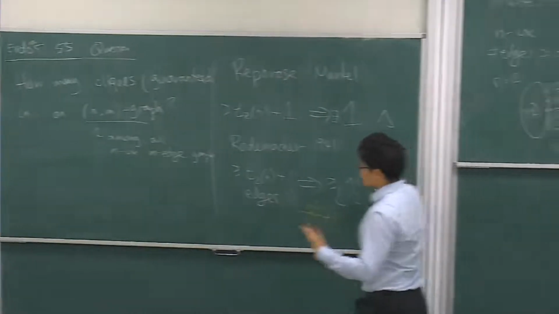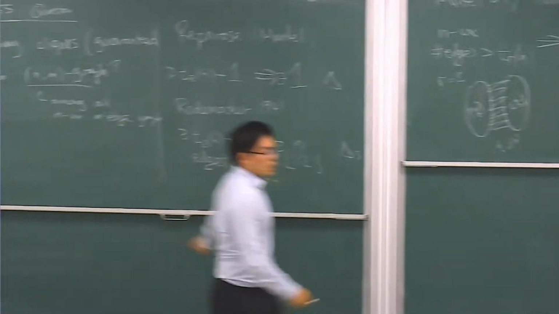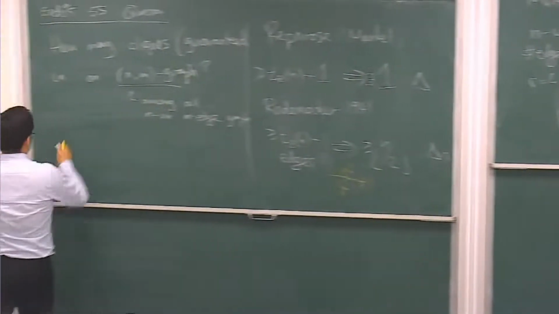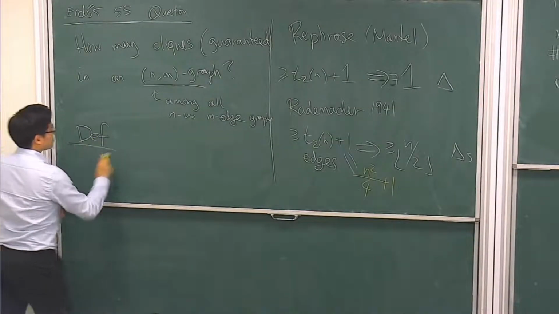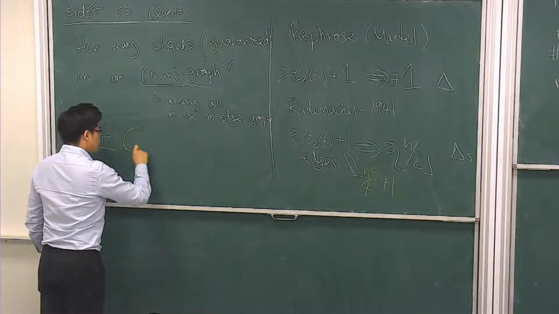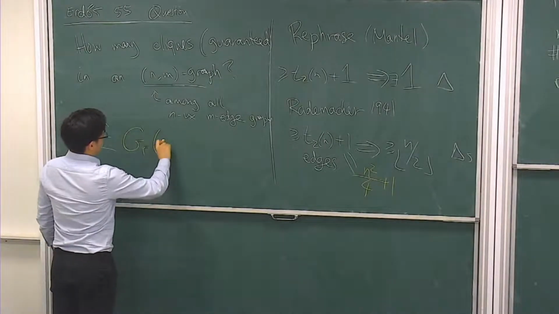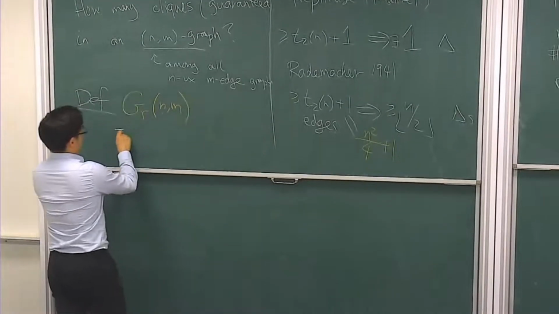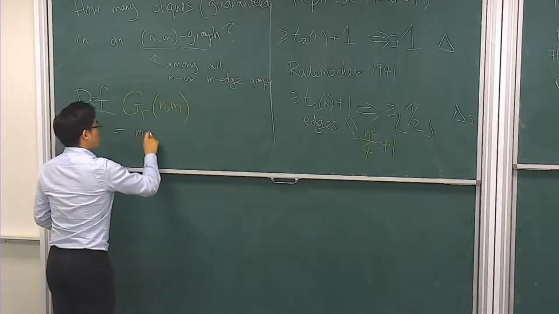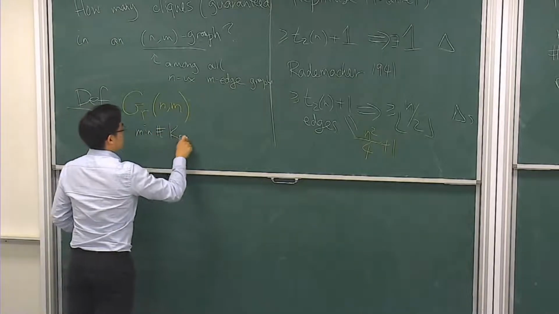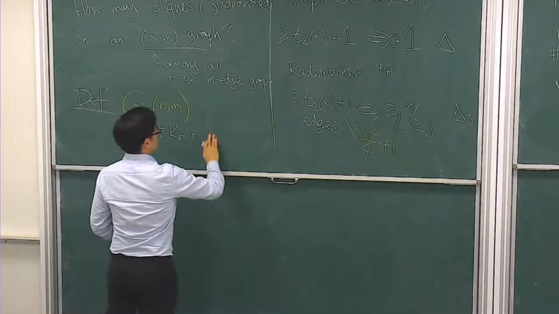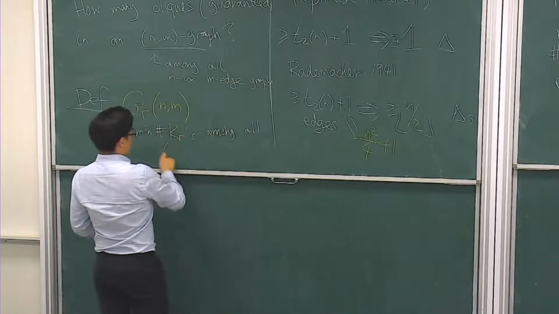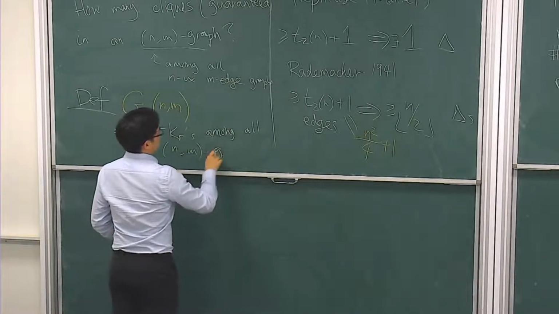So if we define, so this is the key function that we're interested in, so definition, then we can define g sub r of n, m to be the minimal number of K_rs among all n vertex m edge graphs.